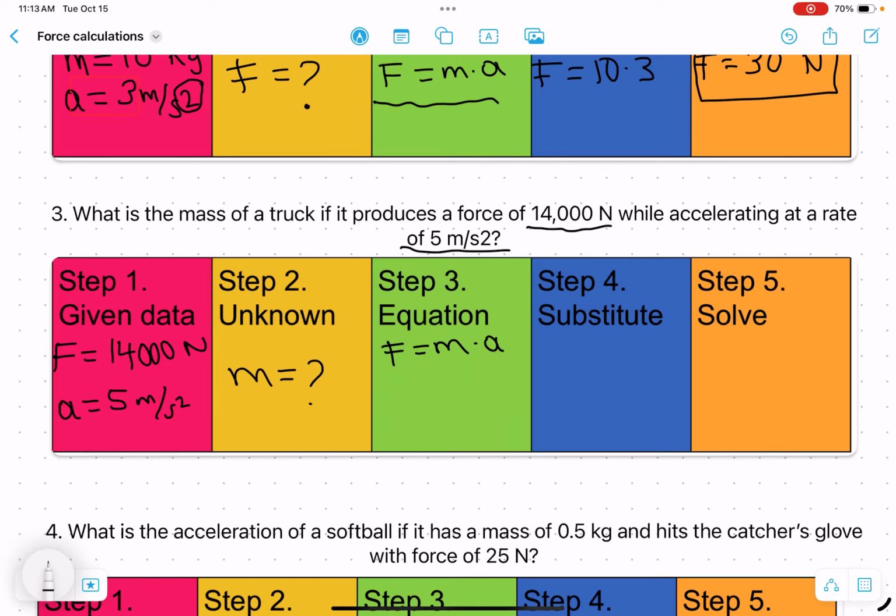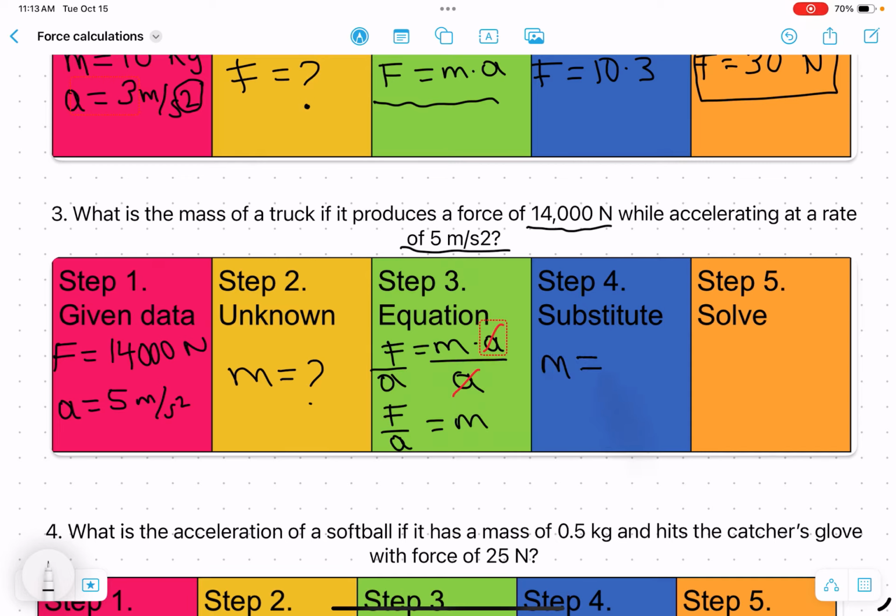But this equation is not ready to be used because you're looking for M, you're not looking for F. So you need to rearrange. What is next to the M that you don't want? It's the A, and the A is multiplying, so we want to get rid of the A. So we want to divide by A on both sides. So A cancels with A, and that means that now the formula is F over A equals M. So now you're going to substitute.